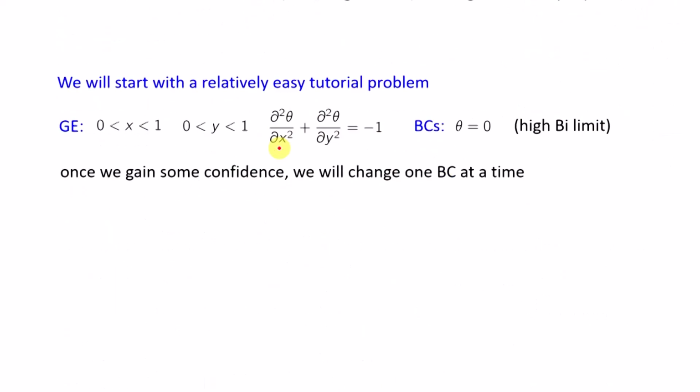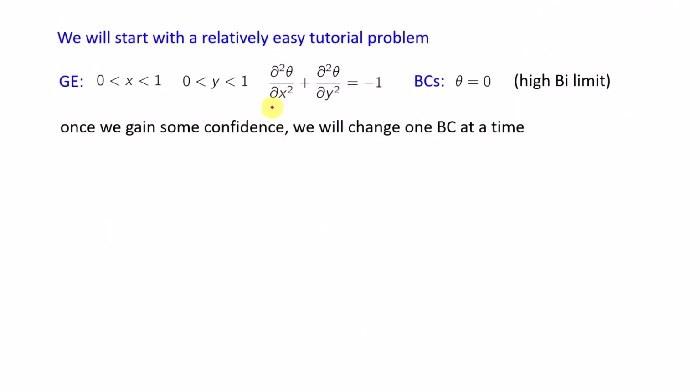So what we are going to do here is implement exactly the same equation, but the boundary condition will be theta equals 0 at all boundaries. You may think that this is a hypothetical condition, but it is not. This is a high Biot number limit.